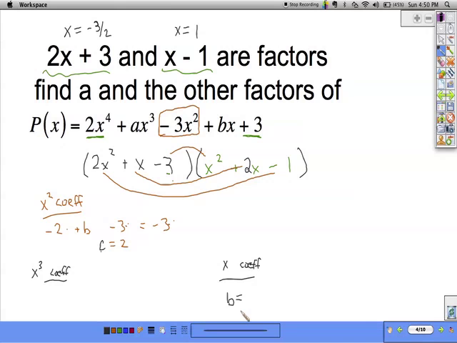And the way we get x coefficients is by multiplying the x times the negative 1 and the negative 3 times the 2x. So this b is going to equal negative 6 for multiplying negative 3 times 2x and negative 1x. So b is negative 7.